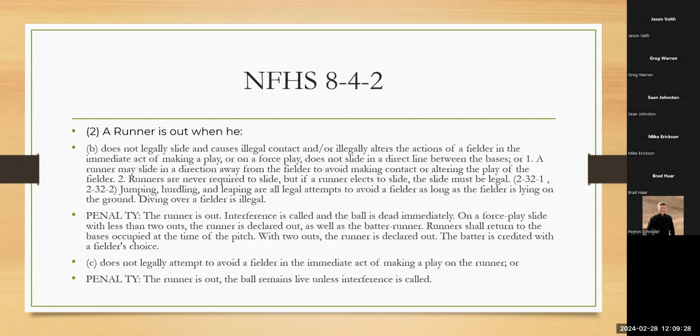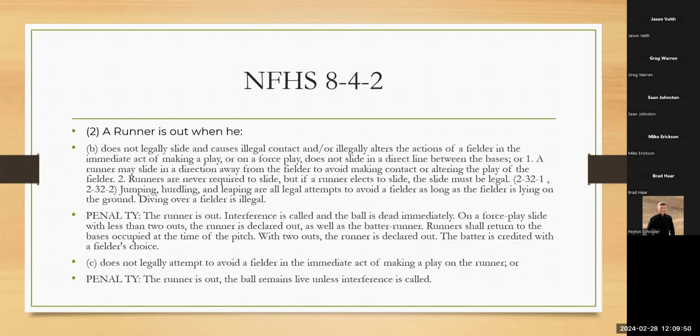Hey, Jacob. One thing I want to throw out there: we talk about how we're not mind readers on intent. We want to err on the side that if they don't attempt to avoid contact, they are intentionally attempting to contact the defensive player.